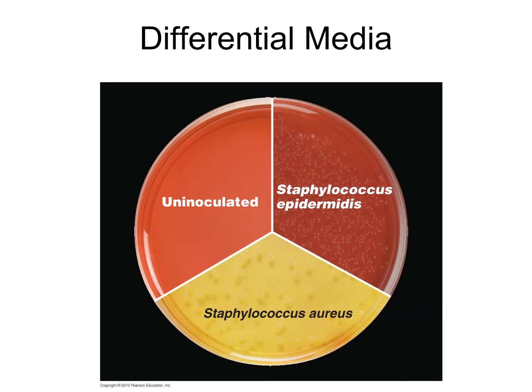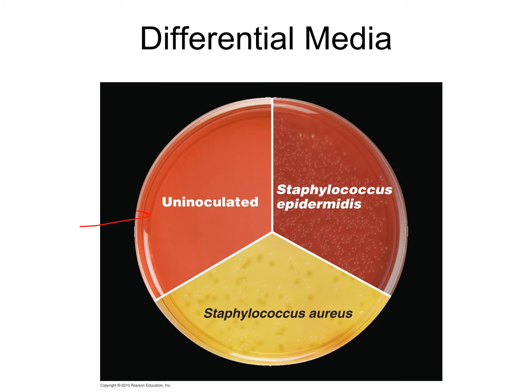Differential media is media that will change color or cause the bacteria to change color, which will enable you to tell the difference between different types of bacteria. One example of differential media is blood agar, and this is called blood agar because sheep red blood cells are mixed in with the agar.